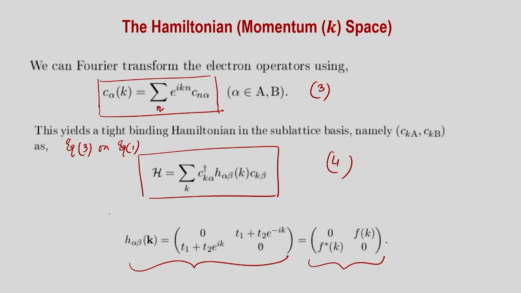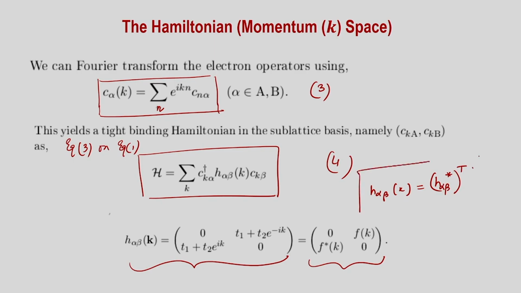0, 0 are the diagonal elements, and the off-diagonal elements have a real term and an imaginary term, and these off-diagonal elements are actually the complex conjugates of each other. So, in the sense that H alpha beta of k is equal to H beta alpha star, I can write this as H alpha beta star and a transpose.